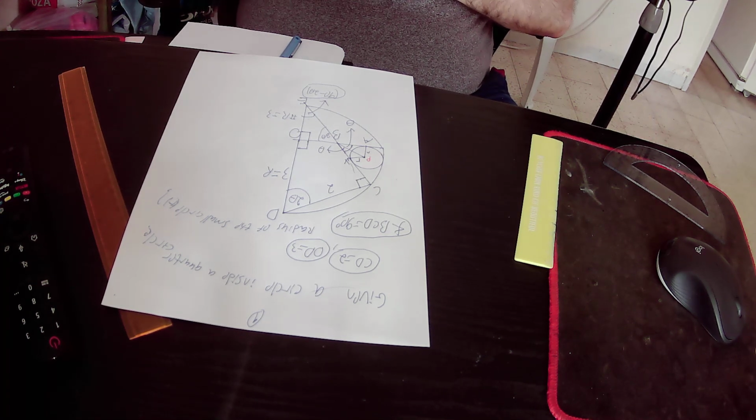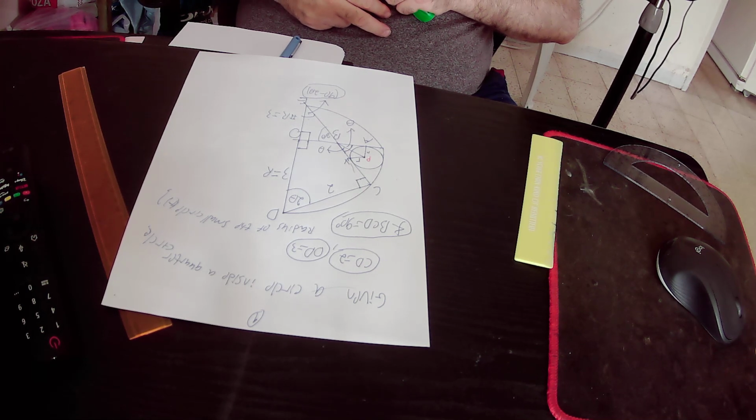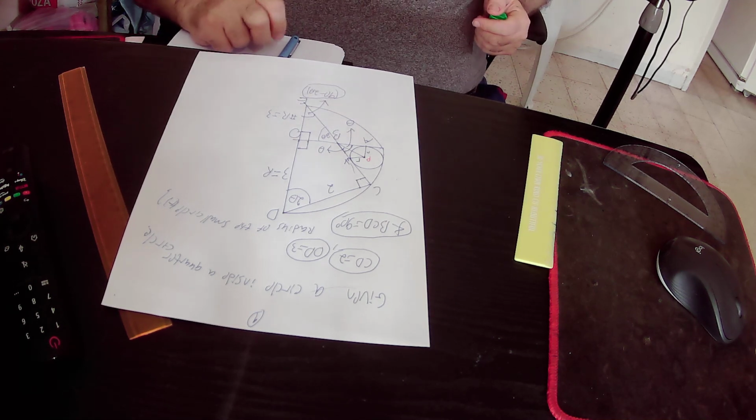In the next step, we will again focus on triangle CDE. We found out that CE equals 4 times root 2.